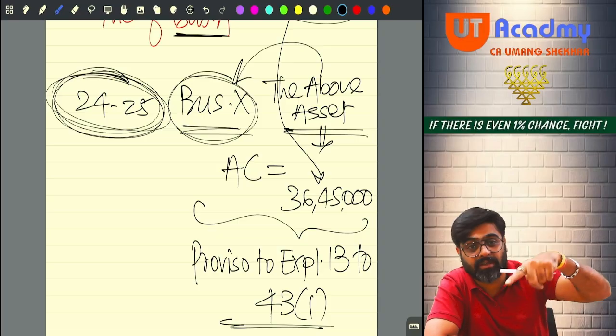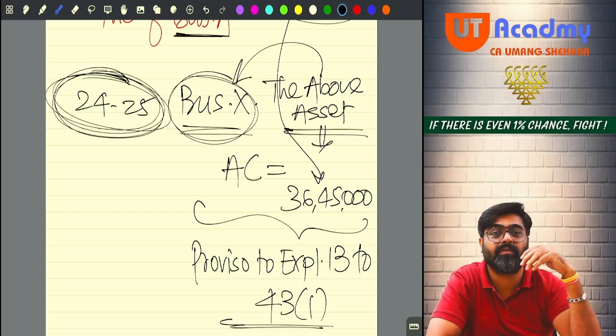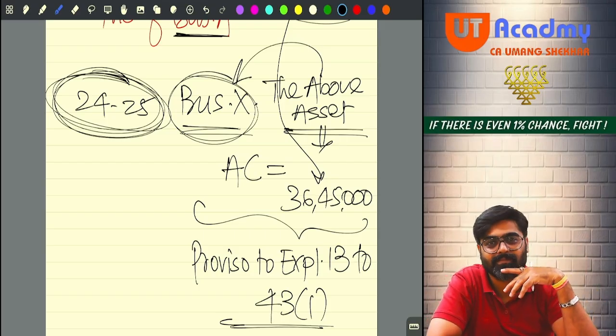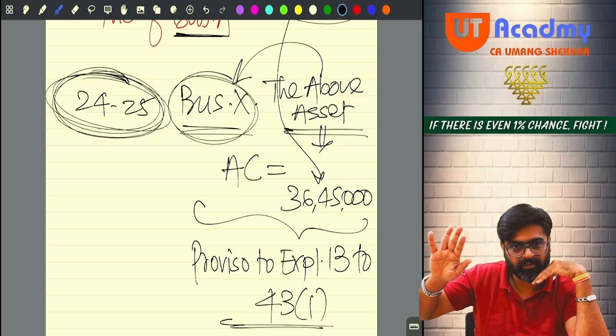Explanation 13 to section 43(1), actual cost. Do you remember? In this situation, what will be the cost of the asset? Tell me. Explanation 13. What will be the cost of the asset?